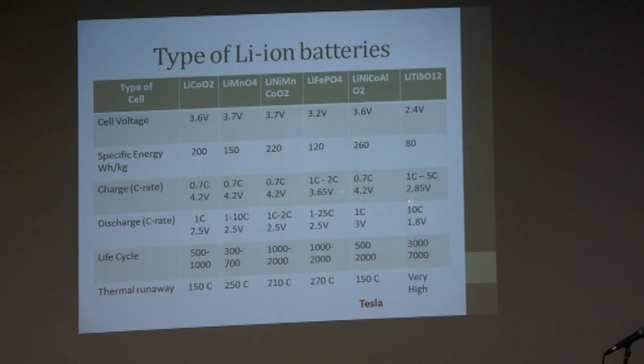But look at the runaway temperature. This also explains why they are in the bottom of a car in a container filled with fluid to keep them cool. Because if you use these batteries, yes, you get a lot of energy. That's great. But don't get them hot. That's an absolute no-no.